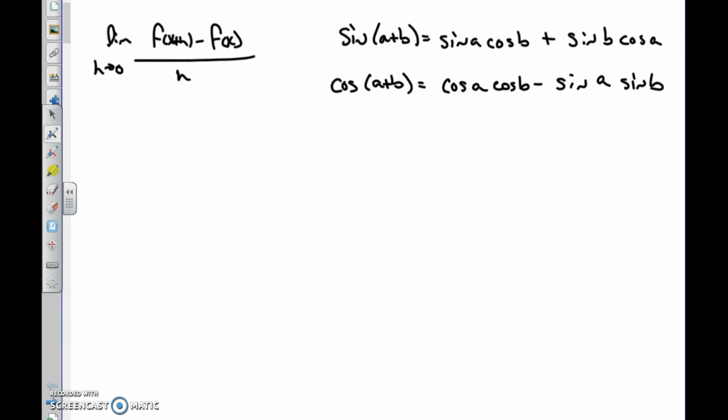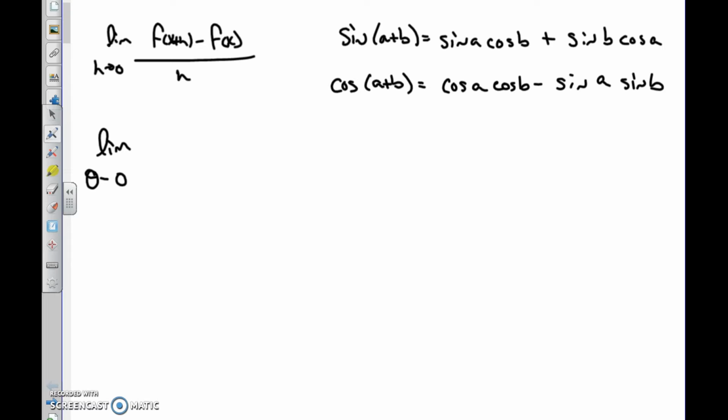Something else that we need to remember from earlier in calculus is two of our limit identities that we know hold true. That is the limit as theta approaches 0, or you can use an h there, however you want to use it. We used h above, but in this case I'm going to use theta since I started with that.